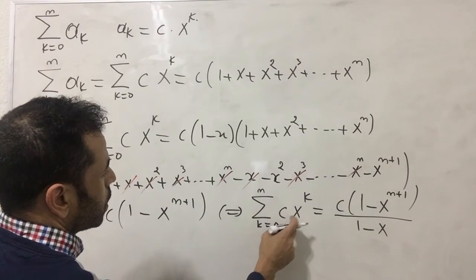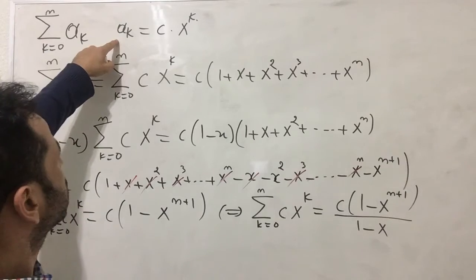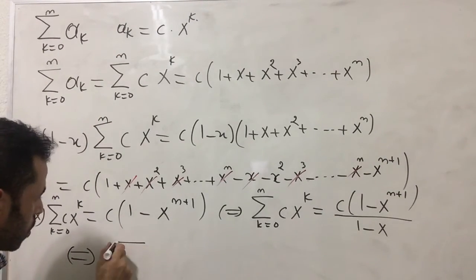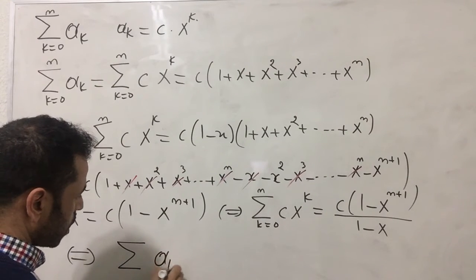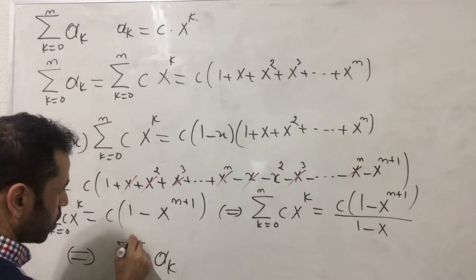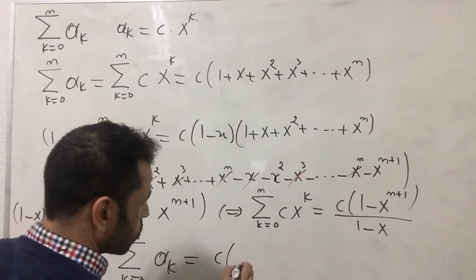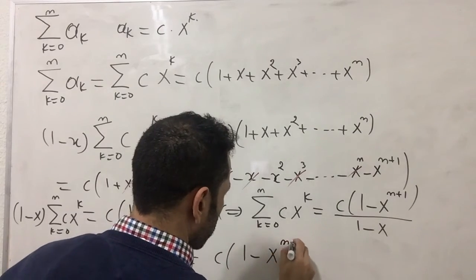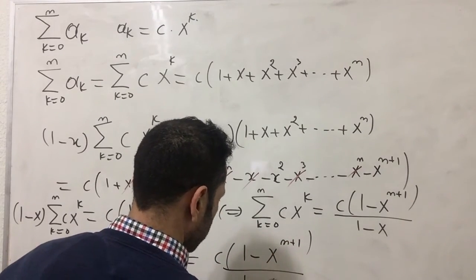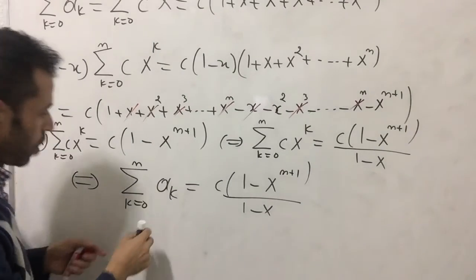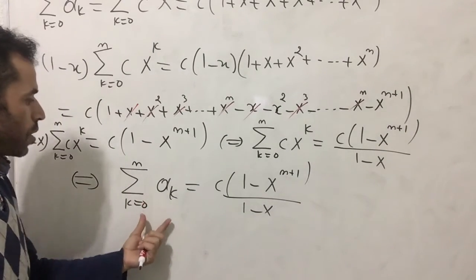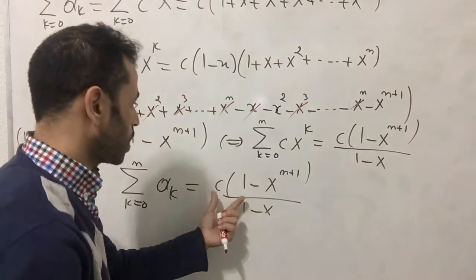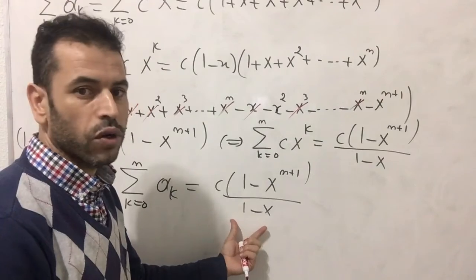I'm going to replace c x to the k with a sub k. So the sum of a sub k as k goes from 0 to n is equal to c multiplied by 1 minus x to the n plus 1 over 1 minus x.